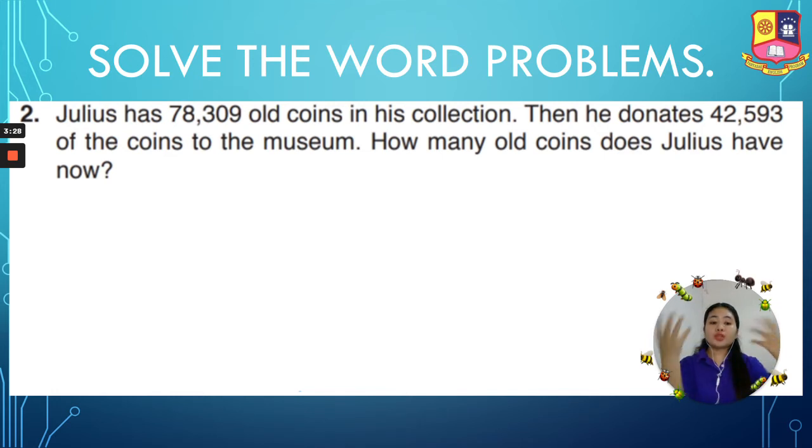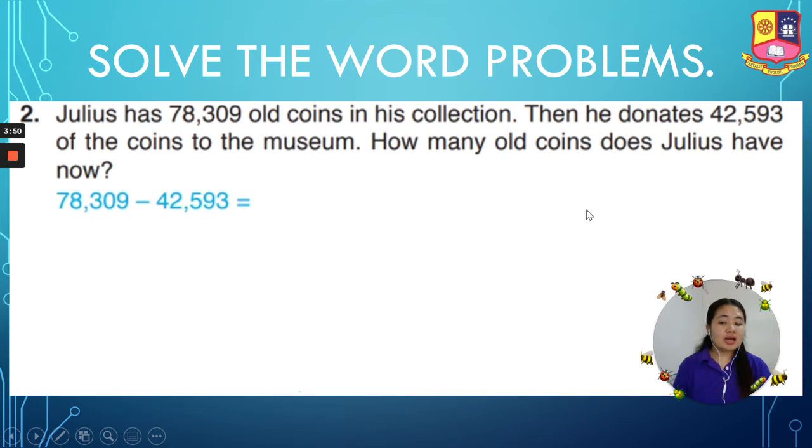He wants to donate to the museum, like the exhibit. He wants to display his coins in the museum, so he donates 42,593. If you donate, you are subtracting. So the number sentence will be 78,309 minus 42,593.